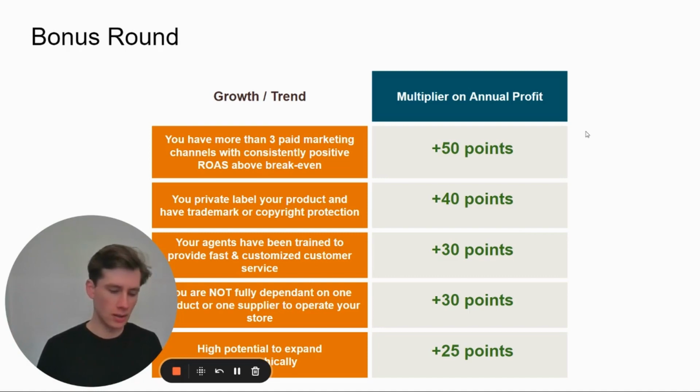Especially on some paid marketing channels, there are stores who successfully run ads in the UK or in Canada, whatever it might be, but never tried a neighboring country that's also English speaking, or those obvious things. And they're 25 points.